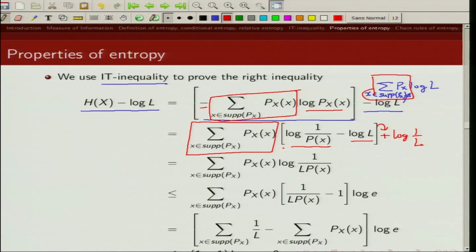So I can combine these two terms and write it like this: log of 1 by L times p of x.